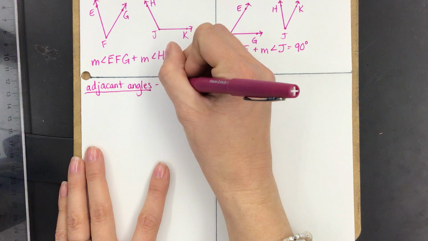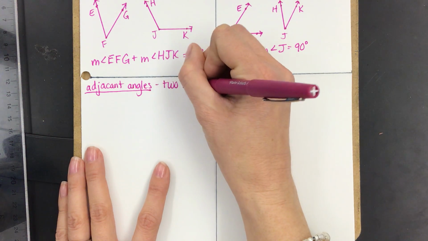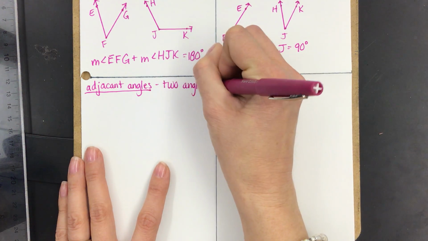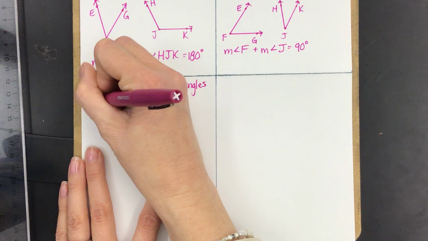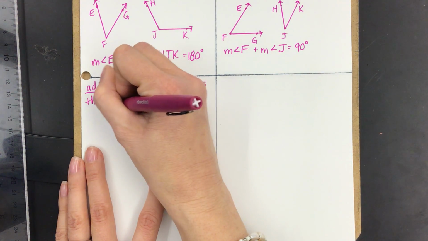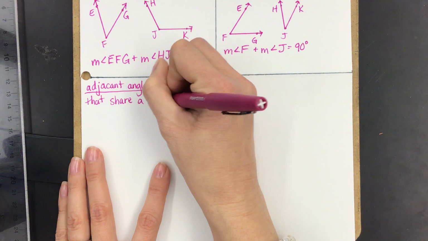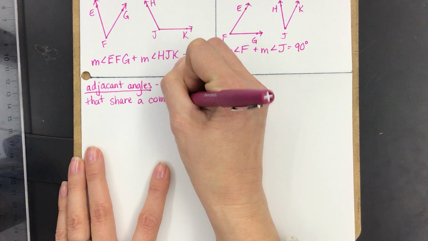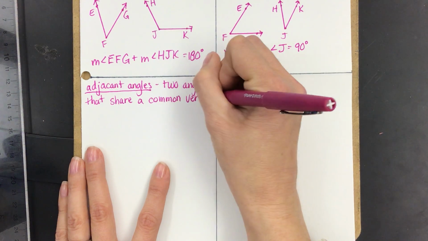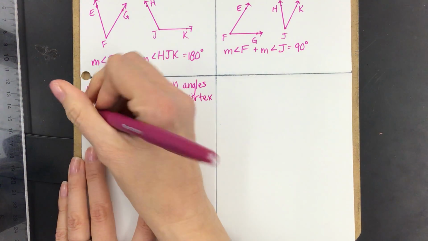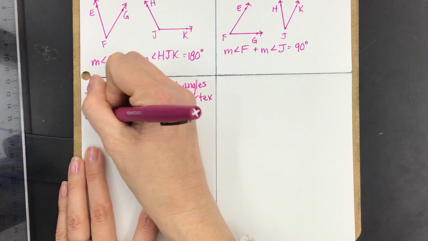Adjacent angles are 2 angles that share a common vertex and side.